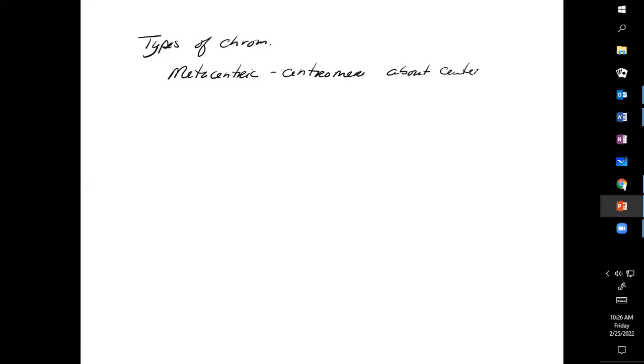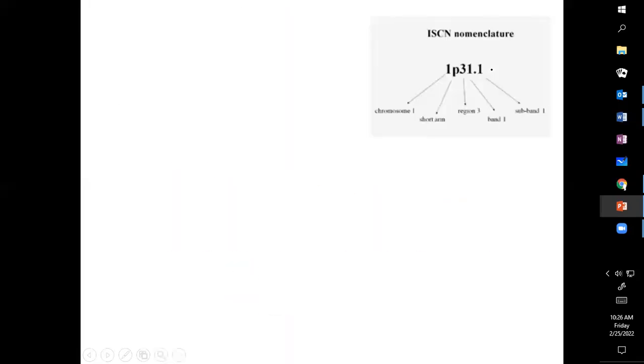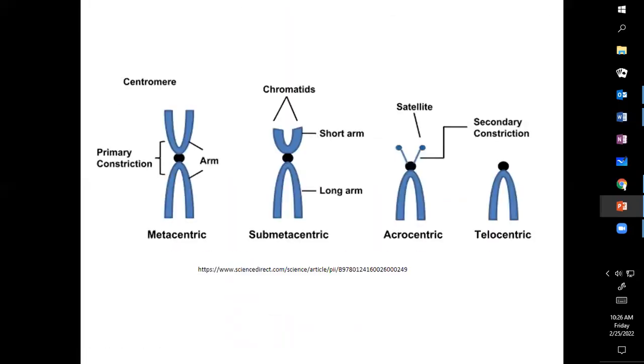But never exactly. Actually, I think I have an image here, so let's take a look. So here's a metacentric chromosome. We still have a short arm and a long arm. So metacentric has a centromere about in the middle. The submetacentric is somewhat off center, so it's a little more off center.